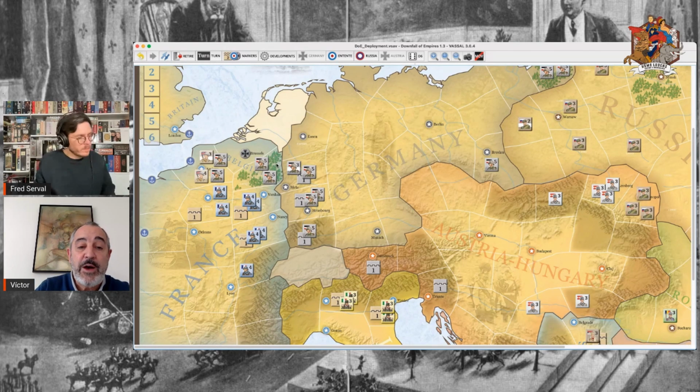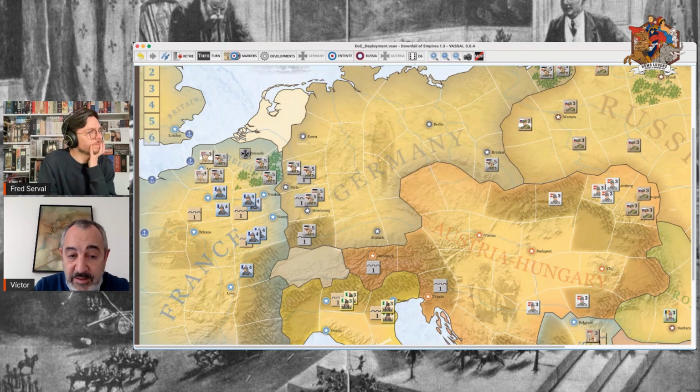Does Brussels become a supply city for you or not at all? Yes, at the end of the turn. I know that I'm going to control that, but actually it happens at the end of the turn. If I wanted to move another army in that direction, it would still be 2 movement points, because I only have complete control at the end of the turn.